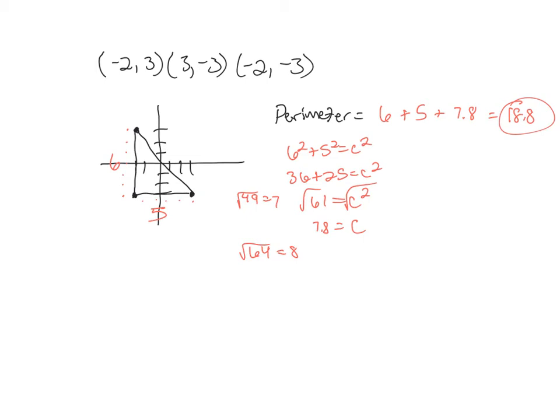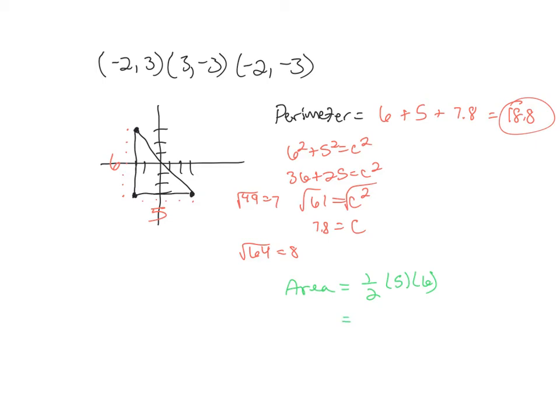Alright, and then for area on this one, it's a lot easier because it's half the base and the height are just the 5 and the 6 because they're straight up and down and sideways. So a much easier problem to do area. So you can do half. Well, I always just kind of do half of either of them.